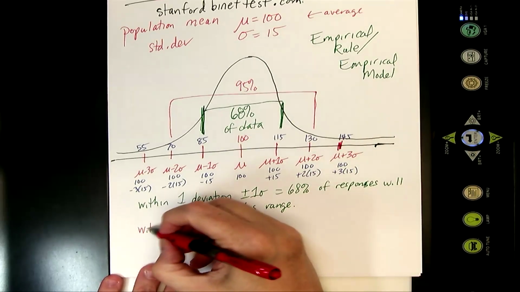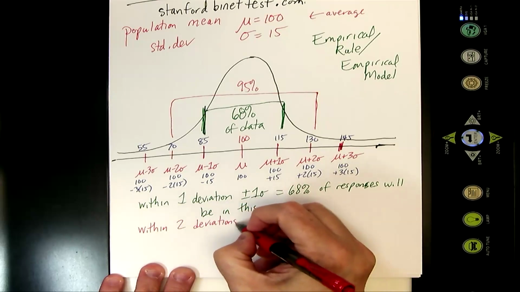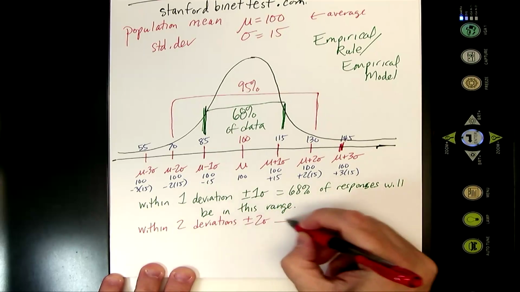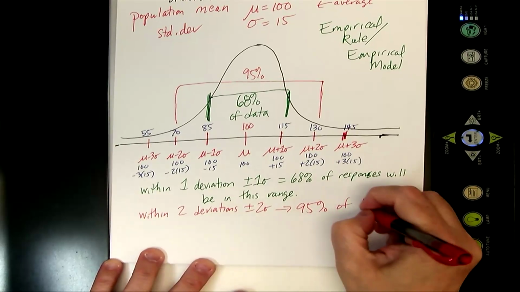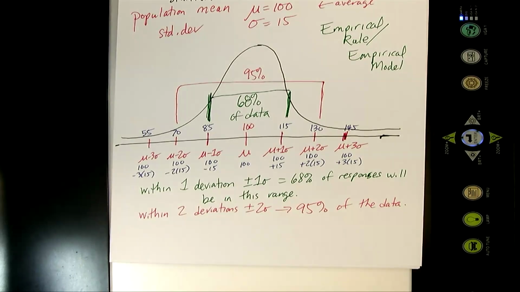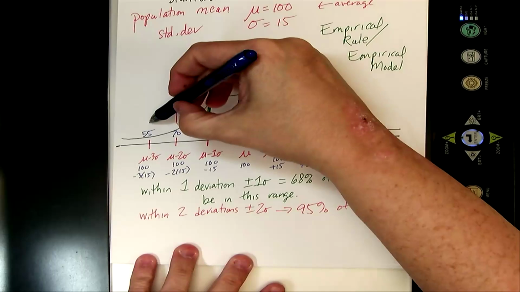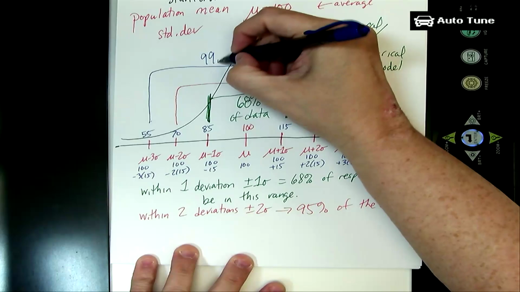So within 2 deviations, plus or minus 2 sigma, we have 95% of the data in here. And 3 deviations, 99.7%.